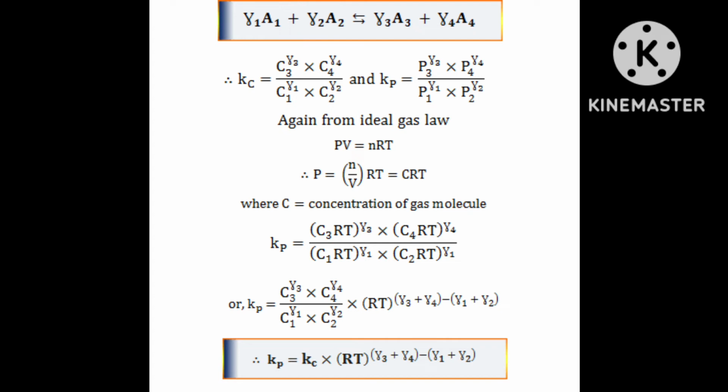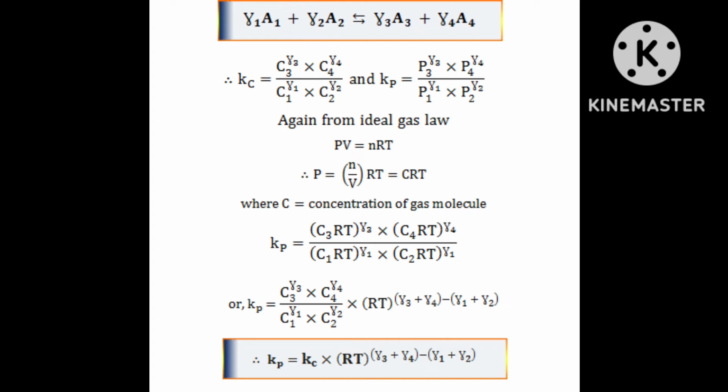Same way down you will write pressure of hydrogen, PH2. Then PH2 is equal to what you will write? Concentration of hydrogen into RT. For PI2 what you will write? Same way, concentration of I2 into RT.